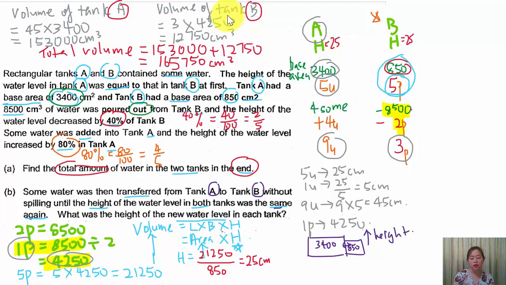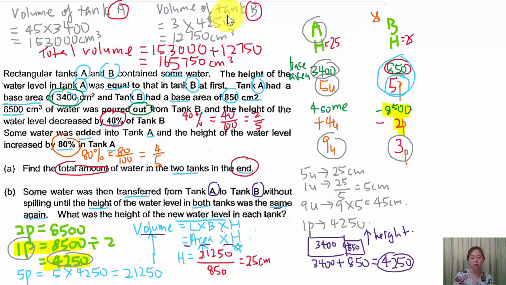So let's find this total base area. The total base area will be 3400 plus 850, which is equal to 4250. So if the total base area is 4250, let's find the height now, because we can still use this formula.